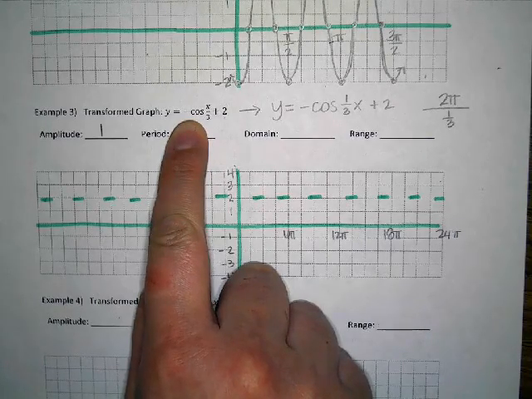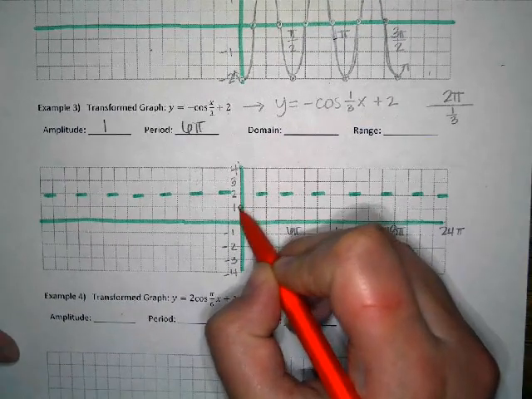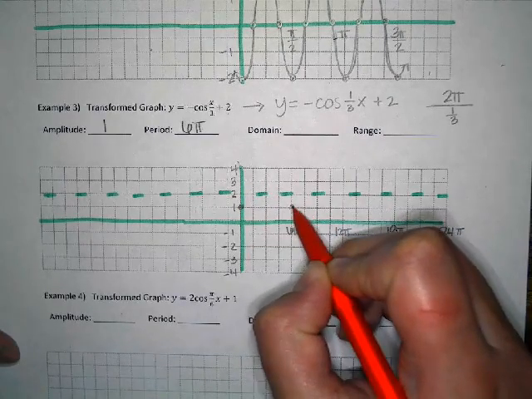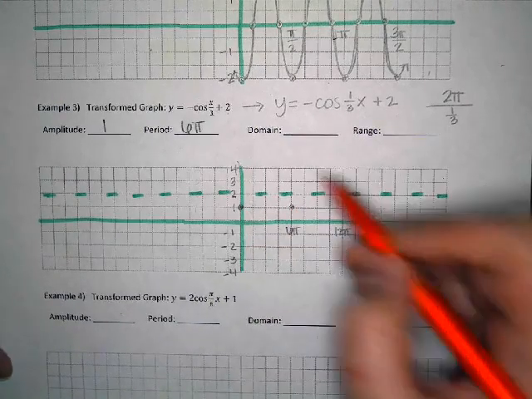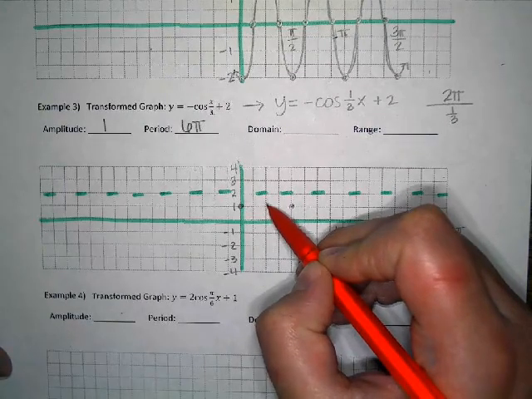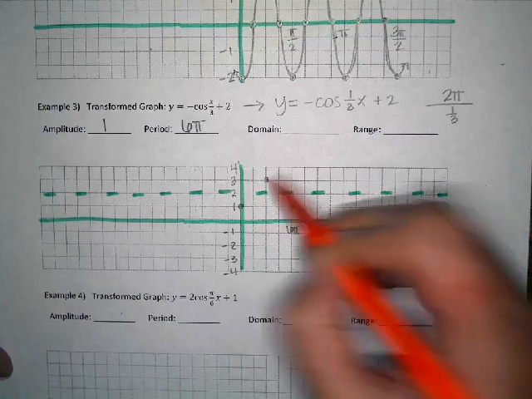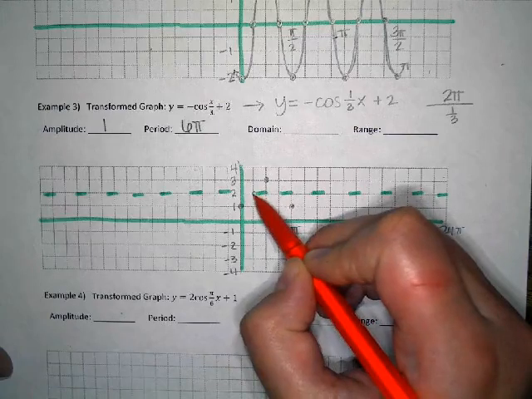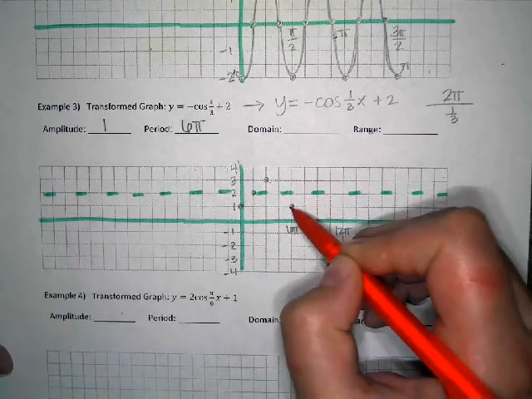So I'm going to start below the midline by 1, and end below the midline by 1. Start below, end below. Okay? And then what am I going to do in the middle? I'm going to go up by 1. Okay? And then between these two, cross over, hit the midline. And between these two, hit the midline.